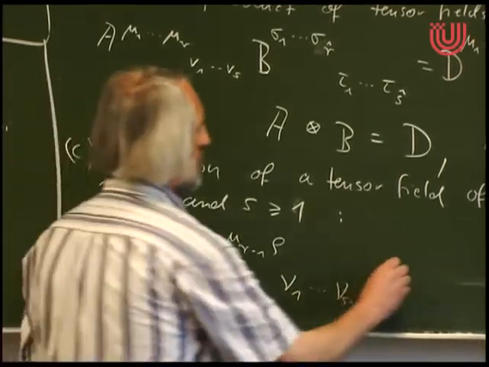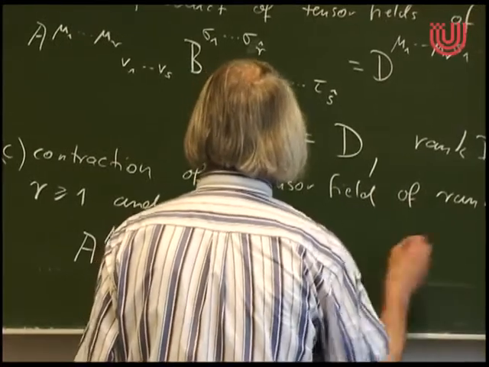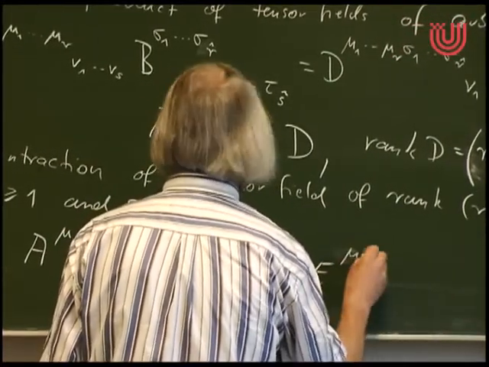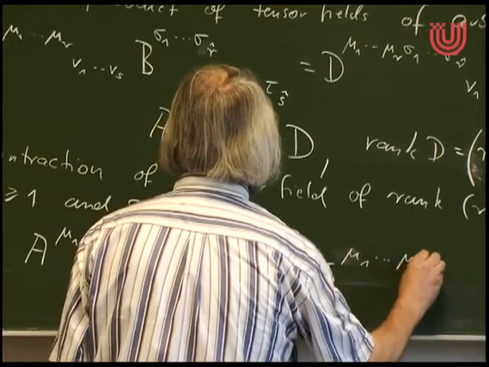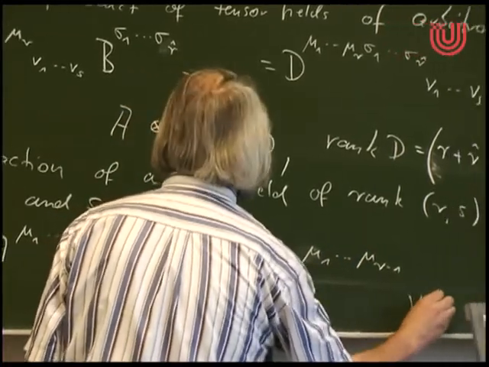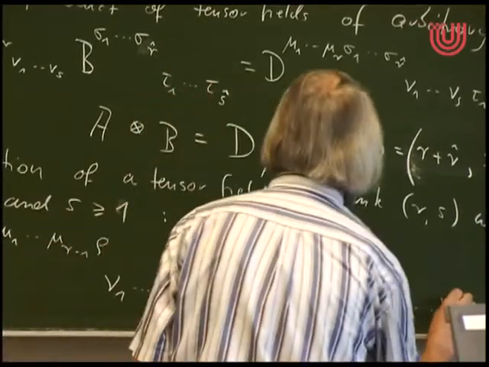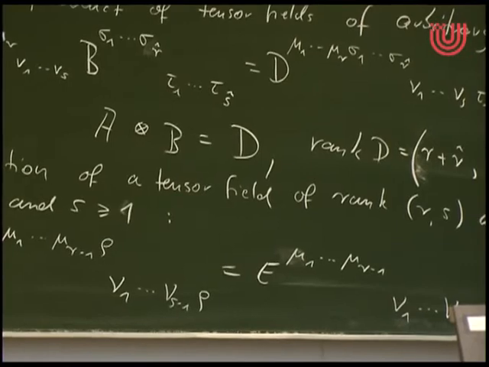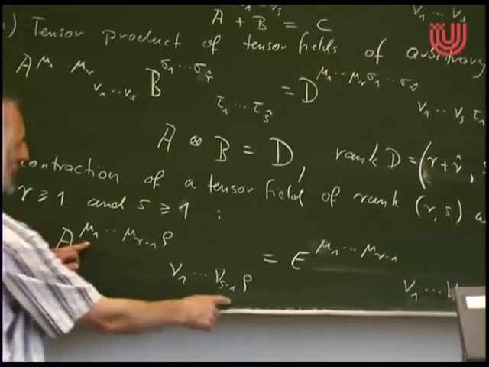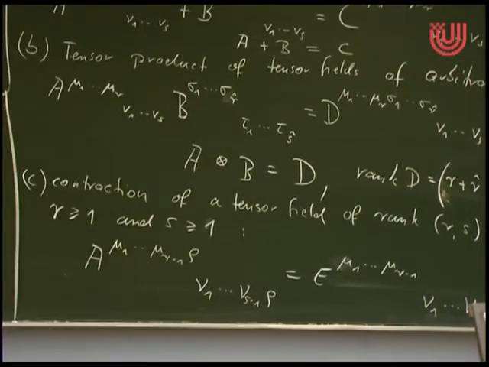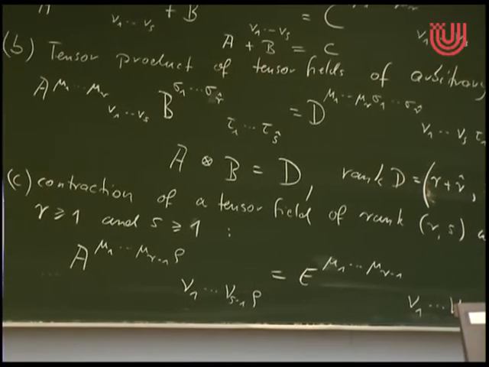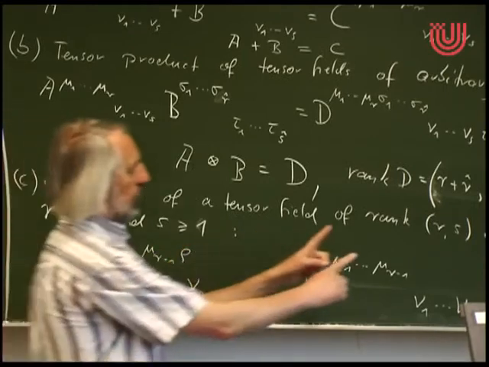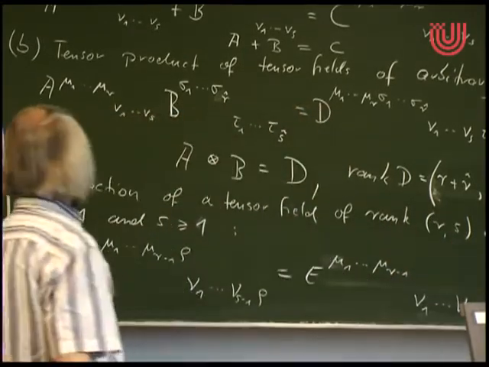So this would give me now a tensor, say E, which has one upper index less and one lower index less than the original tensor A. Of course, you could do this over any pair of indices, one upper and one lower. It always gives you something. So the rank loses one in each entry, right? So that's what is called contraction.